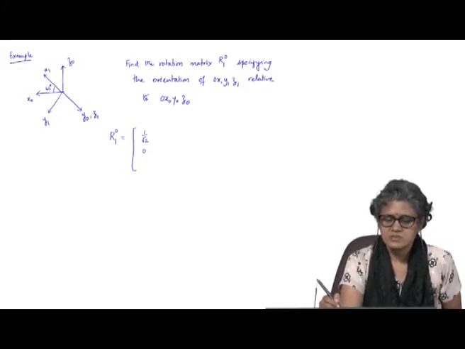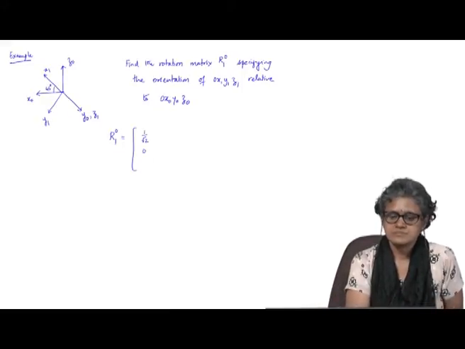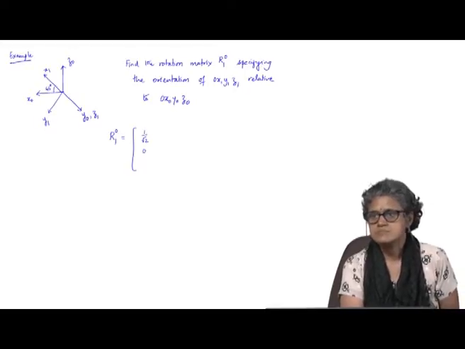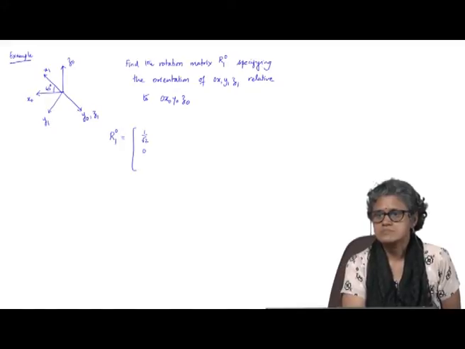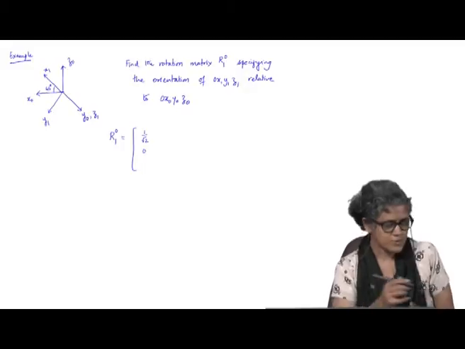What is x1 dot z naught? 1 by root 2, yeah.